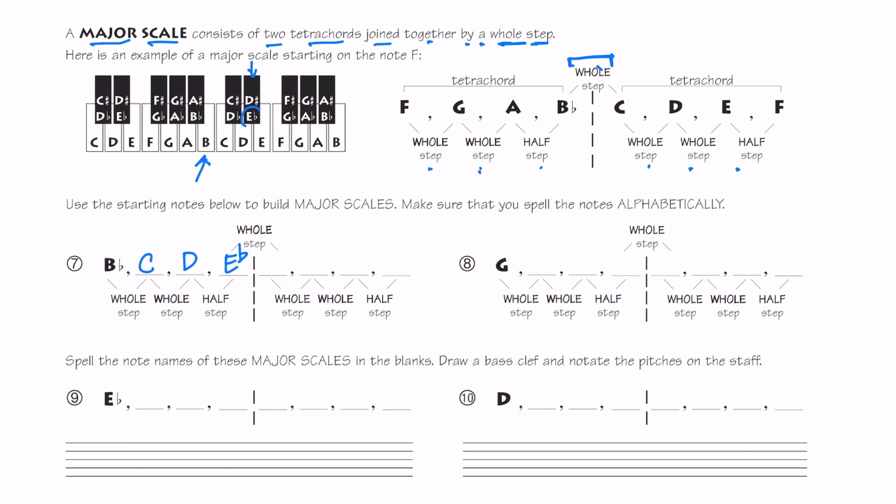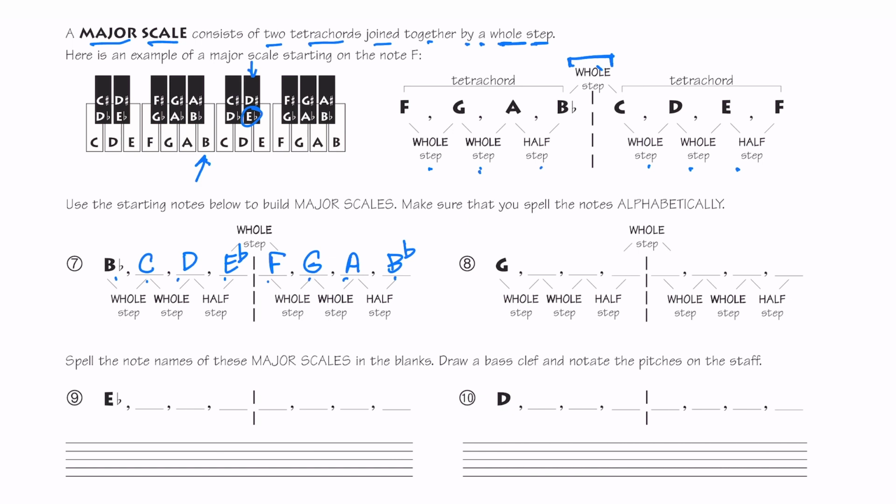D sharp is E flat. Up a whole, F, G, whole, A, half, B flat. All right, see how all of my letter names are in alphabetical order, okay? I have to use every one of them one time. I can't use any letter name twice.